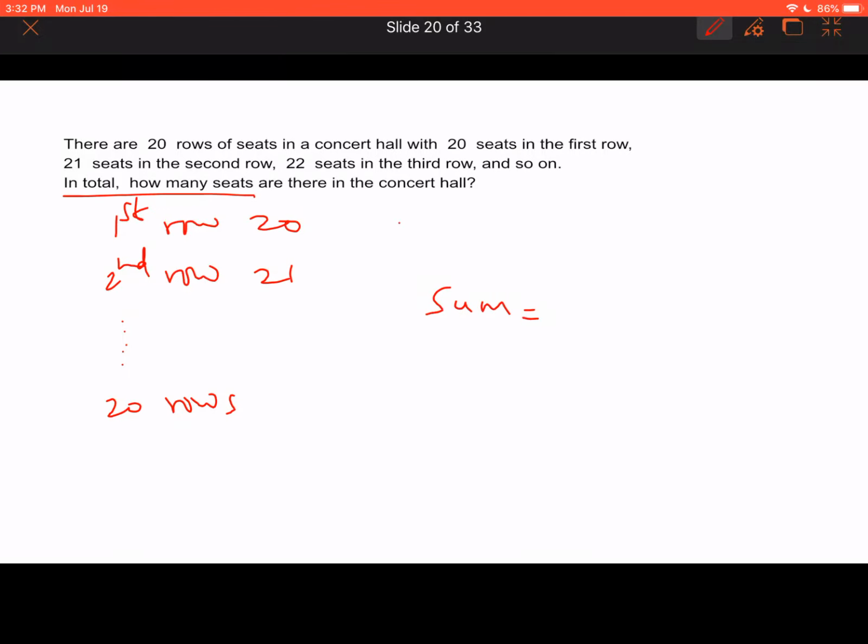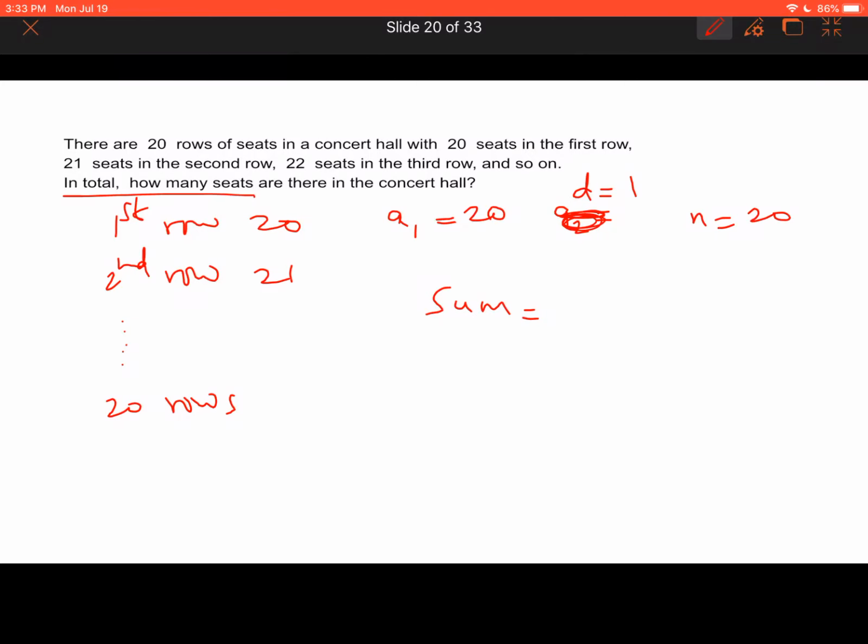Okay, so we'll just deduce the values. A1 is 20 and A2 is 21, right? So we'll find the value of D is equal to 1. It increases by 1 and N is equal to 20, right?